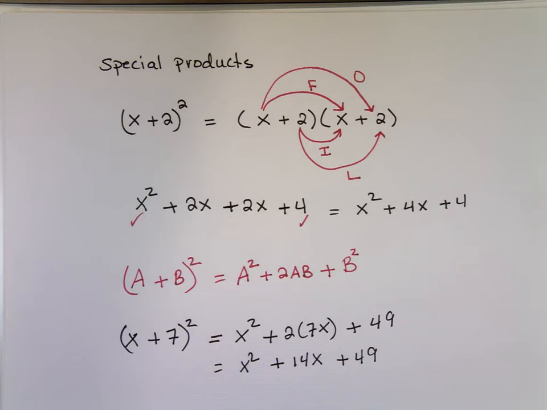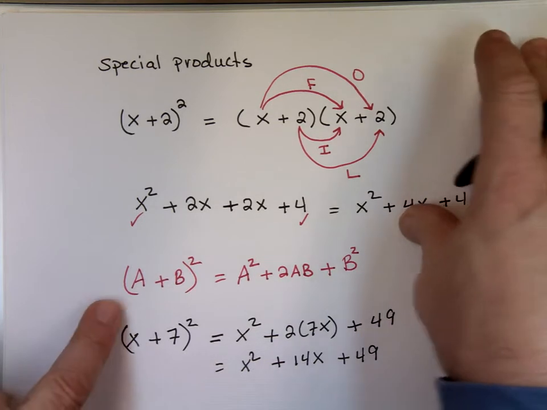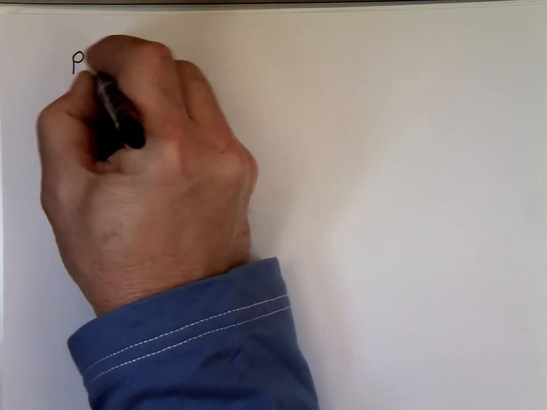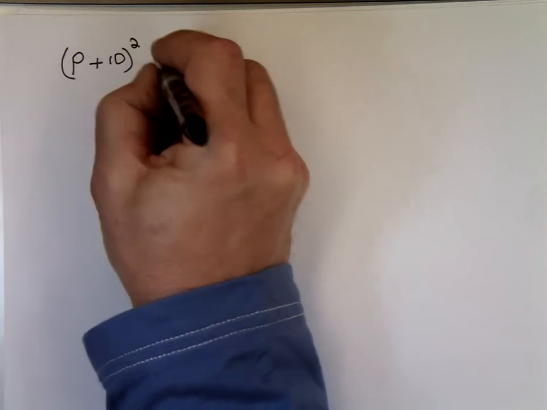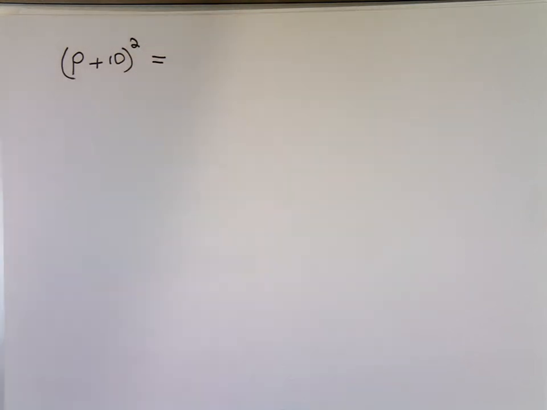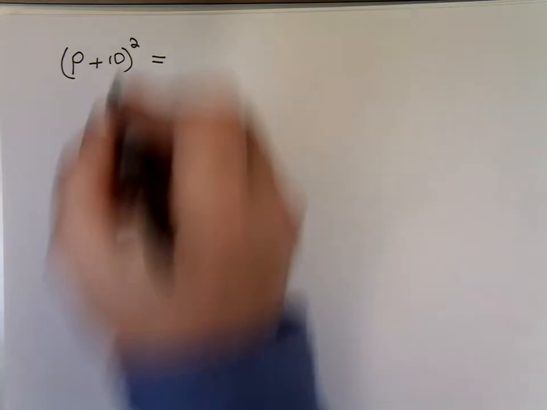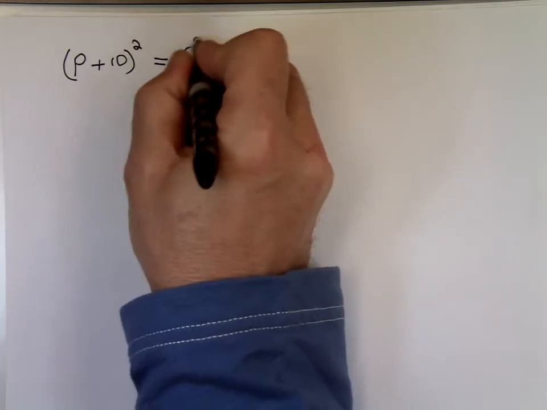Let's try another one. We'll just stay with the shortcut here, see if we can memorize it before we leave today. P plus 10 squared. Square the first one, which is what?